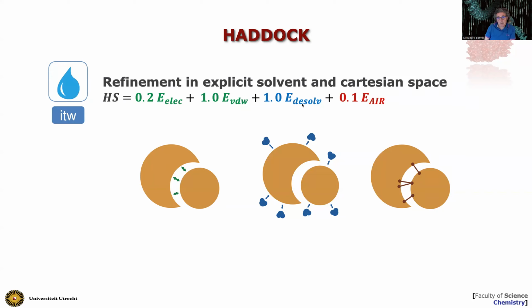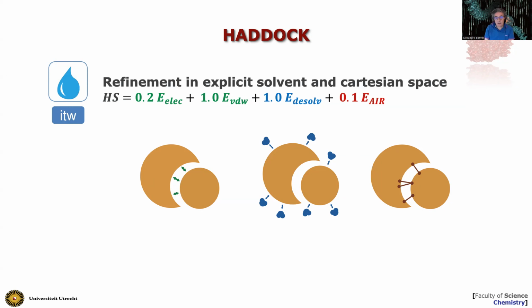The next term, the blue one here, is a desolvation energy. It's an empirical energy function, which basically measures the cost or the bonus of removing water from the interface between the molecules. Proteins are typically in water, so if you create an interface, you need to remove water. Maybe not fully, because there's still quite some water in between molecules in general, but you need to remove water.